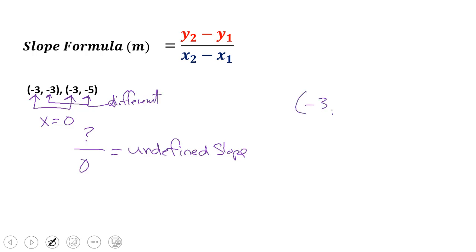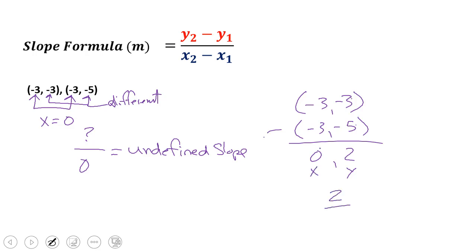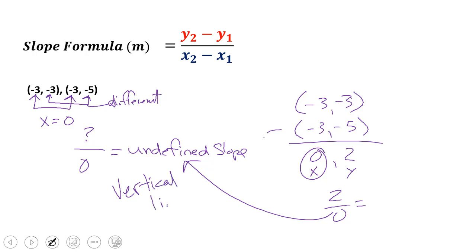I'm going to take (-3, -3), and I'm going to subtract the second point, (-3, -5). And I know that -3 minus the -3 is 0. -3 minus the -5, that is 2. My change in y is 2 over my change in x, 0. That is an undefined slope. And by the way, if you have an undefined slope, we have a vertical line.